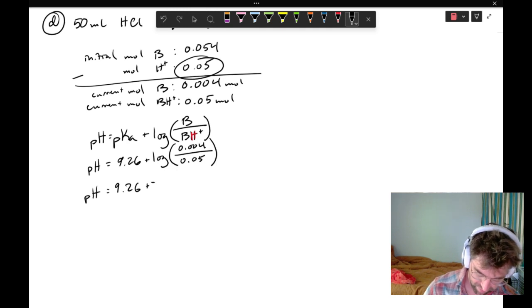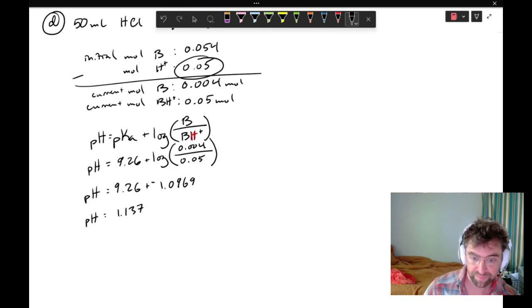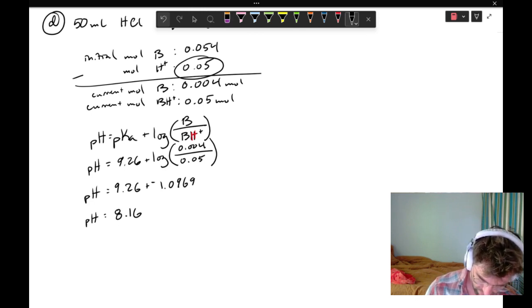We get a negative number, so just be careful with that. So pH equals 1.137. Excuse me, I'm looking at the wrong thing. 8.16.